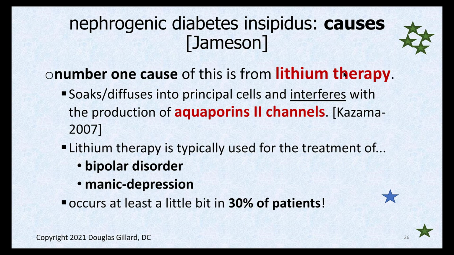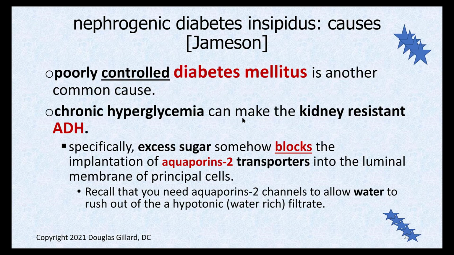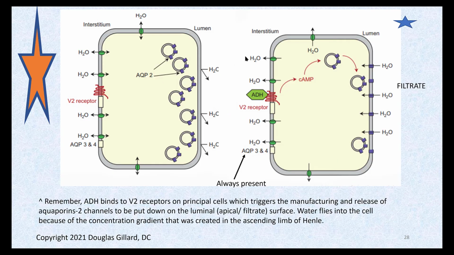And we said lithium therapy also interferes with the production, actually the making of aquaporin 2. So if you don't remember that, I think I took this out this quarter because you guys are probably so good with this. But remember, here's a principal cell which we've already studied, and ADH binds to the V2 receptor, and it stimulates through the central dogma the creation of these aquaporin 2 channels here in purple.